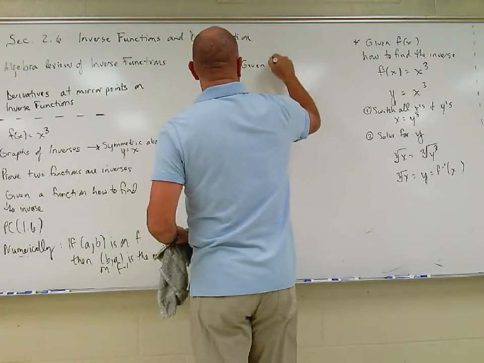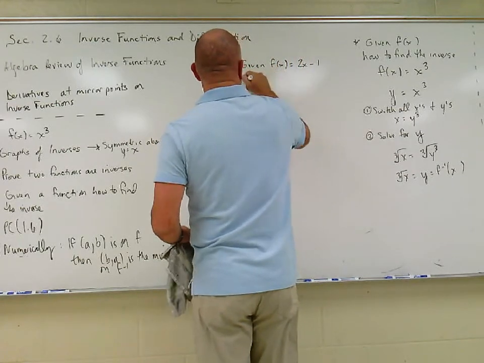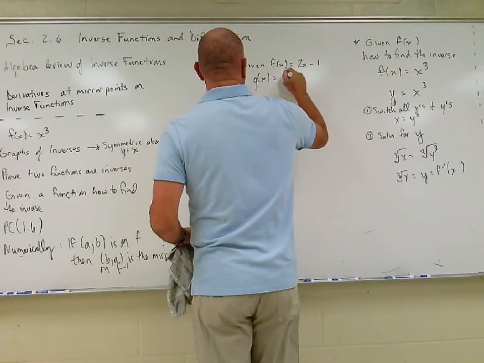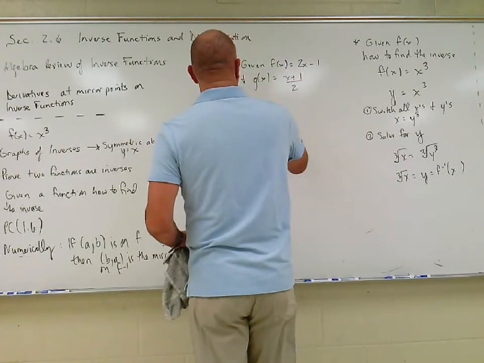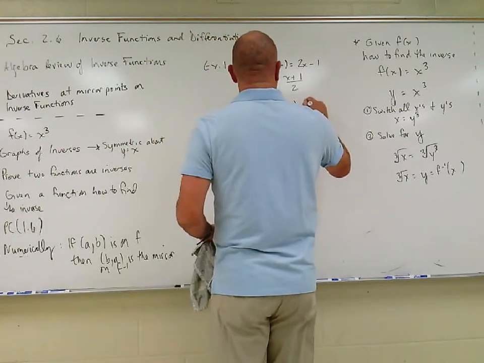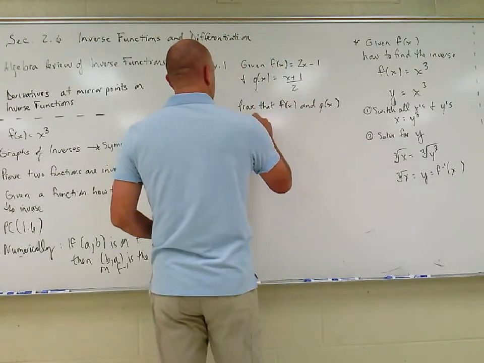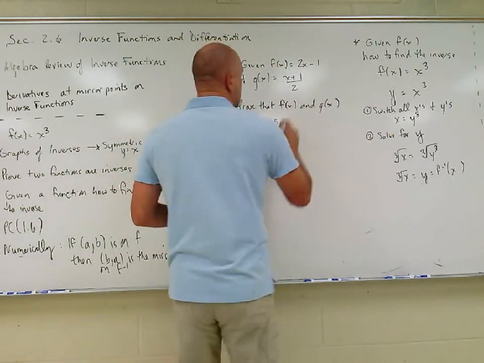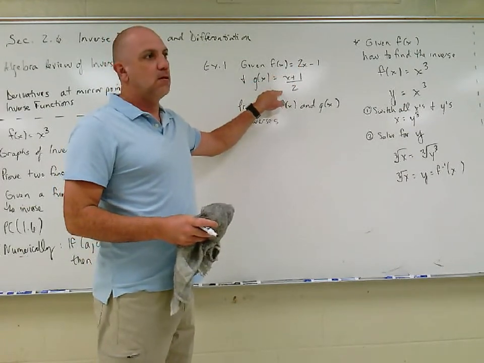Given f of x is 2x minus 1, and g of x equals (x plus 1) over 2, prove that f of x and g of x are inverses.